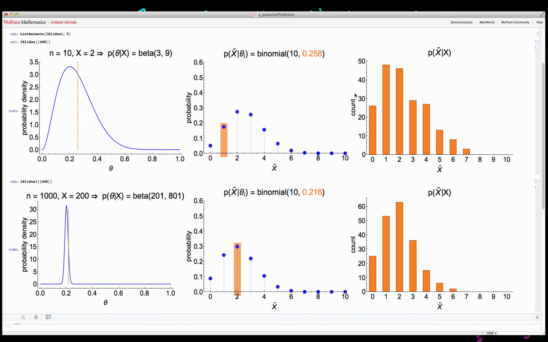So, in summary, the posterior predictive distribution is a distribution that tends to be too difficult to calculate analytically. So, in most applied circumstances, we obtain it using sampling. In the first step, we sample a value of theta from our posterior, and then, conditional on that value of theta, we sample a value of x tilde, the value of data in a new sample.